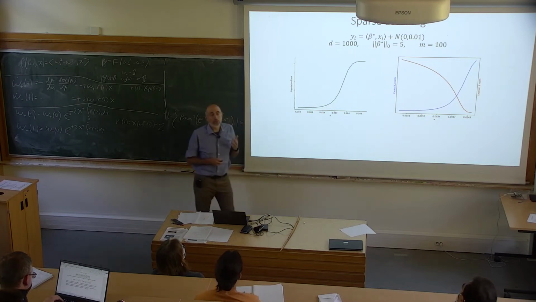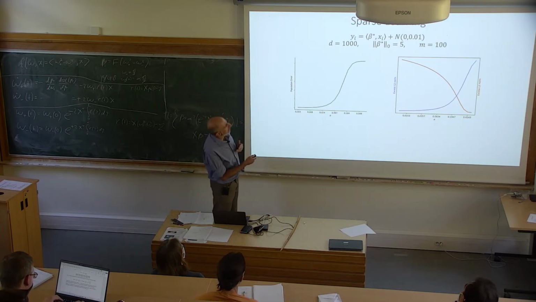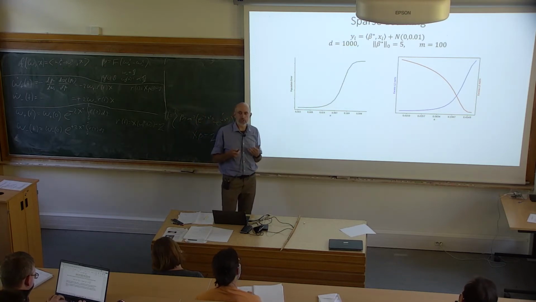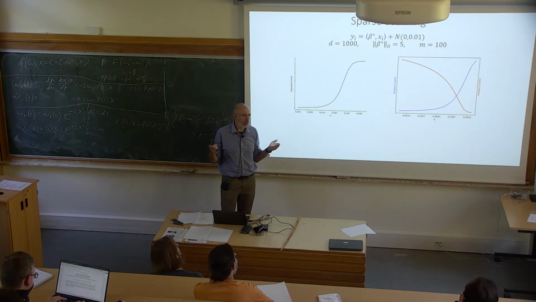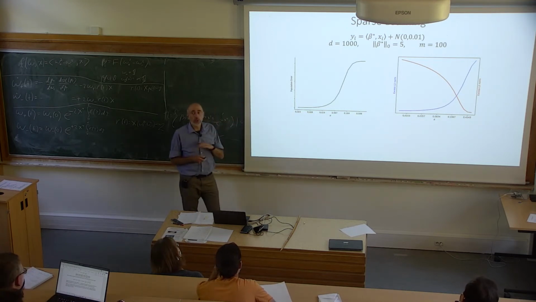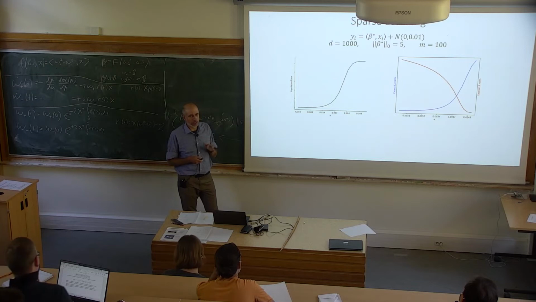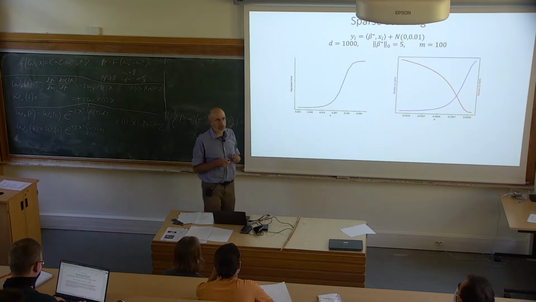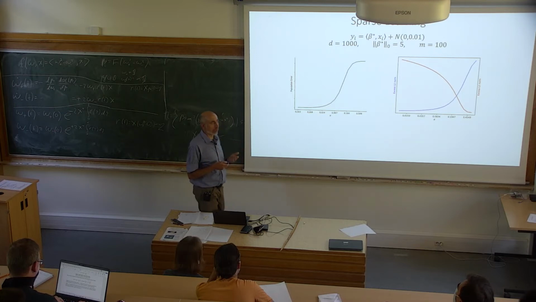But this is a sparse regression problem: high dimensions, 1,000 dimensions, but many fewer observations, only 100 observations. A kernel method has no chance of solving this. You can provably not solve sparse regression with fewer observations than dimensionality with any kernel method.